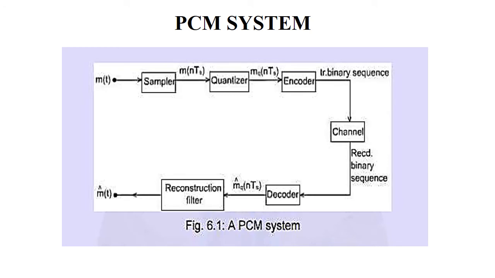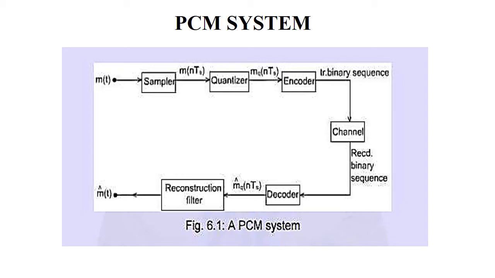First, the signal m(t) is given to the sampler. Then it provides m(nTs) as the input signal. That input signal is passed to the quantizer. The quantizer maps the sampled signal to finite quantization levels and provides the output mq(nTs).